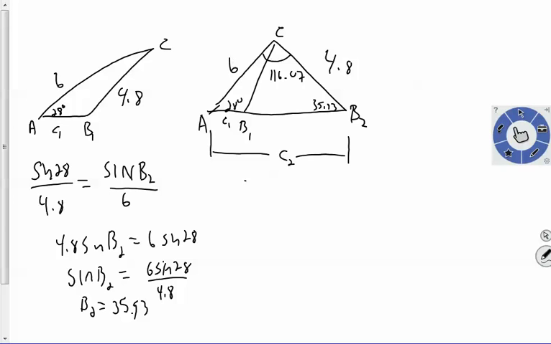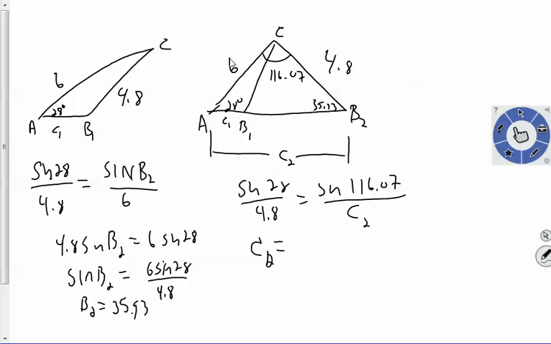So then I'm going to set up sine of 28 over 4.8 equals the sine of 116.07 all over C2. Then cross multiply, and you solve a little bit, you get C2 equals 4.8 sine 116.07 all over sine 28, right? So C2 is approximately 9.2.